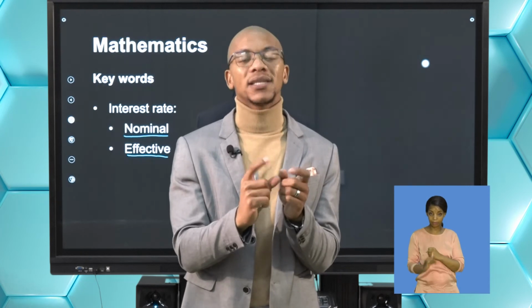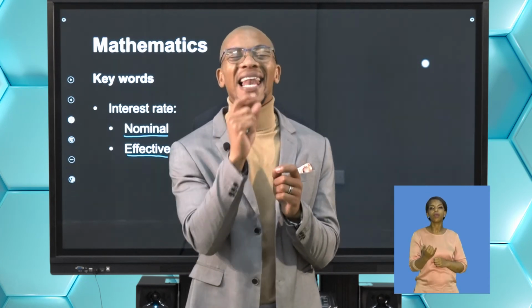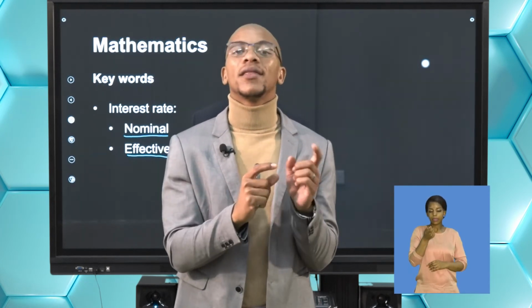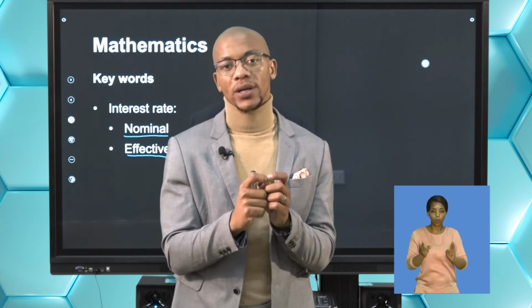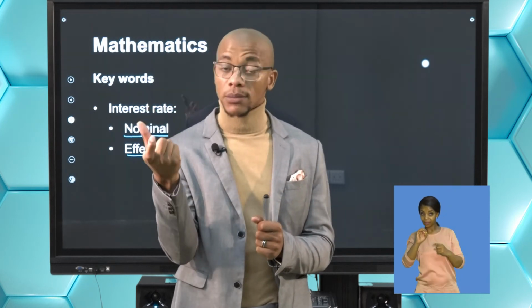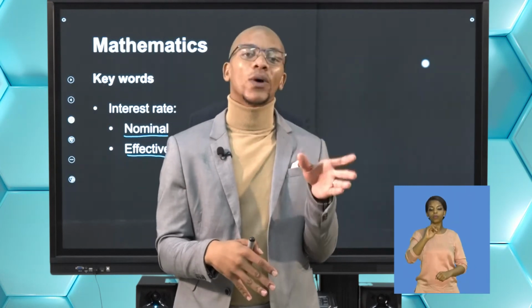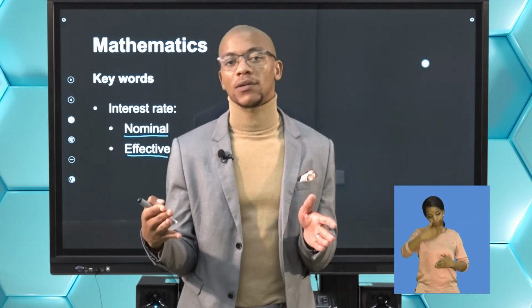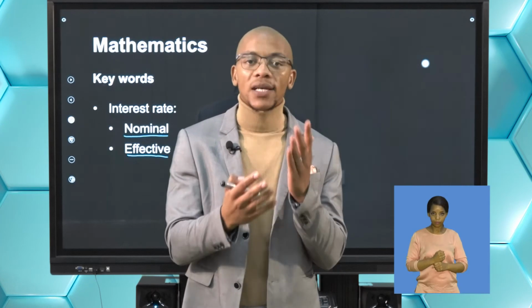Normally the effective interest rate is slightly more than the nominal interest rate. So the effective interest rate is what you get when you take into consideration the compounding period, and the nominal interest rate will be what you get just at the end of the year, right? So that's what we're talking about.